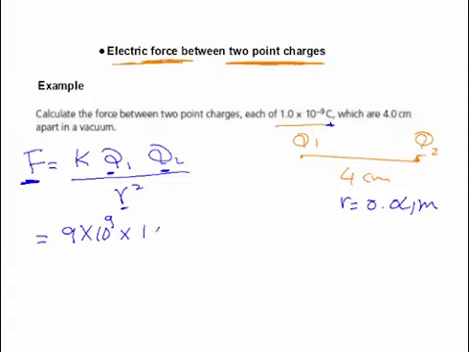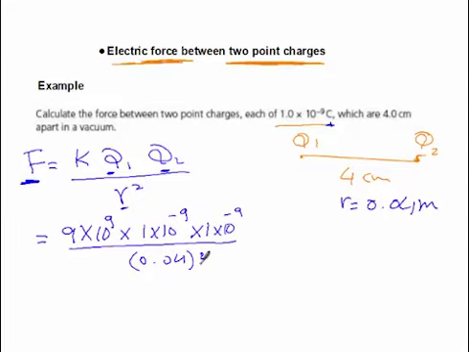So we have 1 times 10 to the minus 9 times 1 times 10 to the minus 9, divided by 0.04, and do not forget we have the square here. This will give you 5.62 times 10 to the minus 6 newtons.